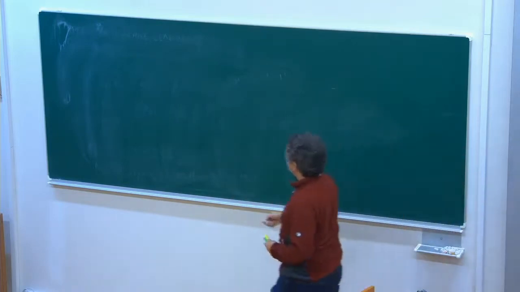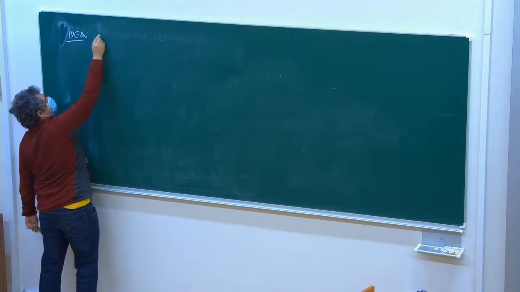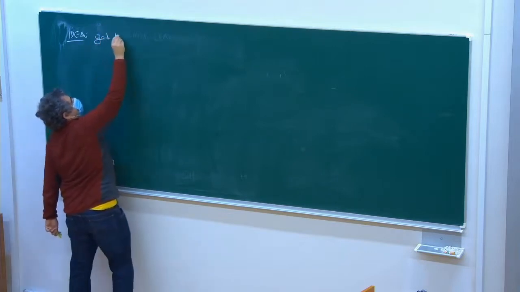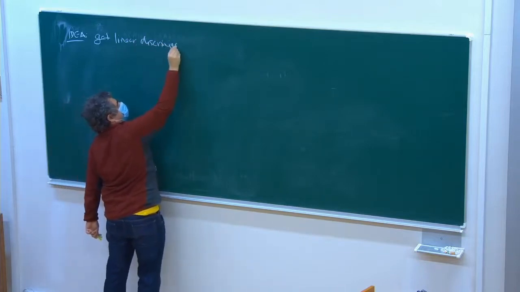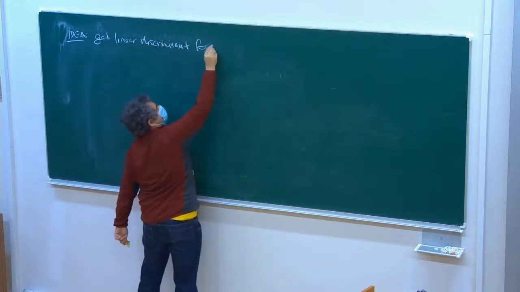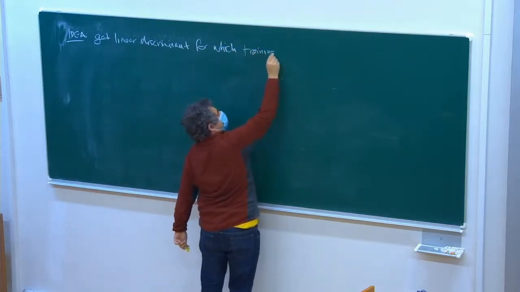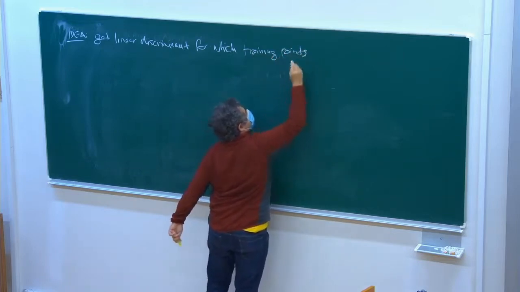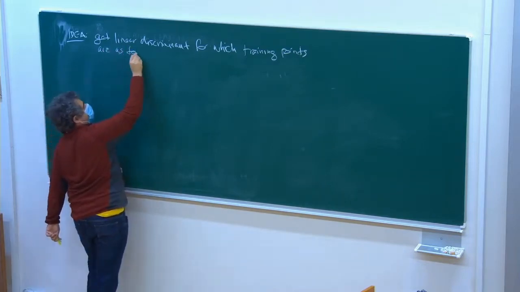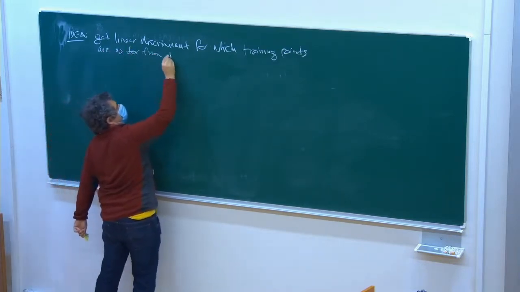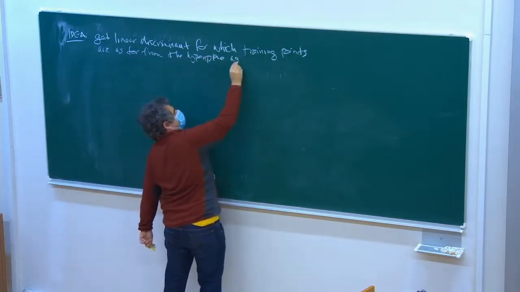The idea is that we will be looking for a linear discriminant for which the training points are as far from the hyperplane as possible.